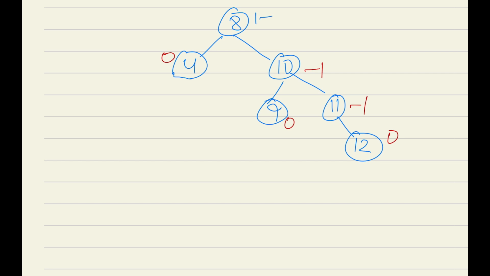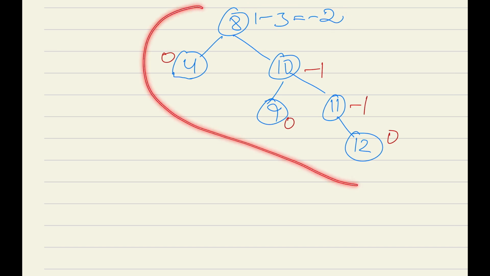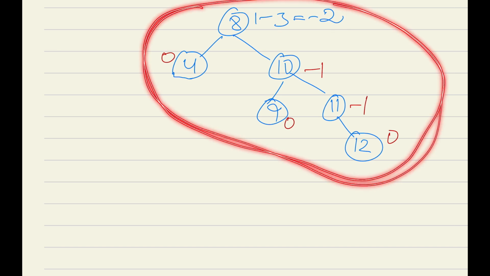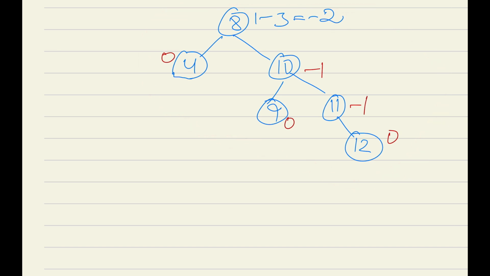So 1 minus 3, that is equal to -2. So here it violates the condition for AVL tree. That's why we can say this binary search tree is not an AVL tree. So I hope the concept of AVL tree is clear.